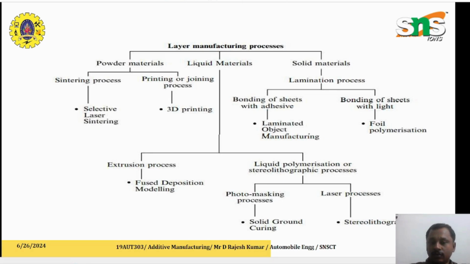There photosensitive resins are used, and the laser scans the layer to solidify the layers. Then the solid based, you can see here, laminated object manufacturing, foil polymerization, etc. So these are the classification of layer by layer manufacturing processes.